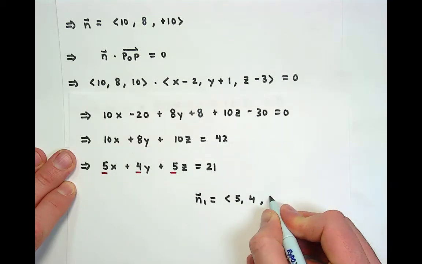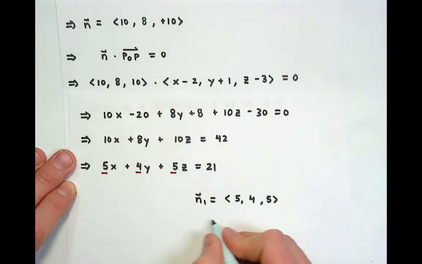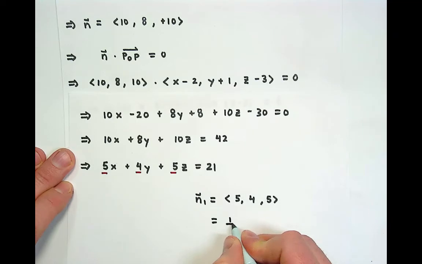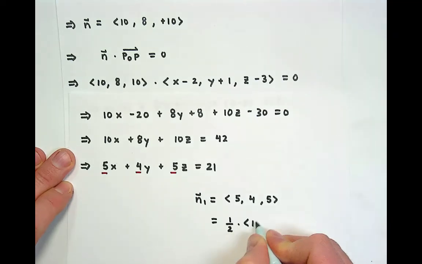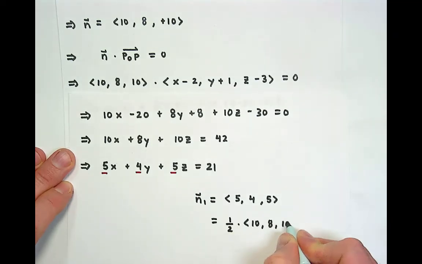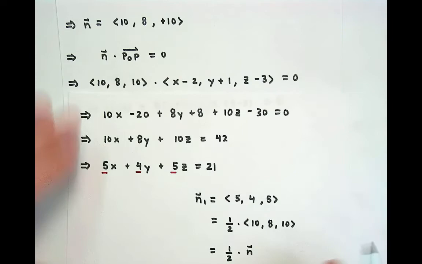This would be 5, 4, 5. And in this simplified equation, notice that this is exactly 1/2 times 10, 8, 10. 10, 8, 10 was the original normal vector that came from crossing.